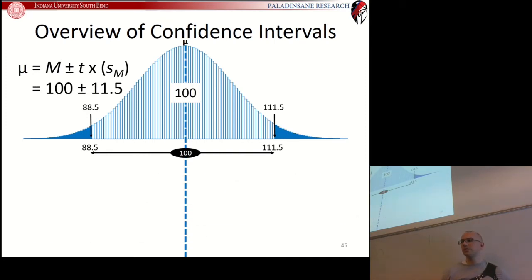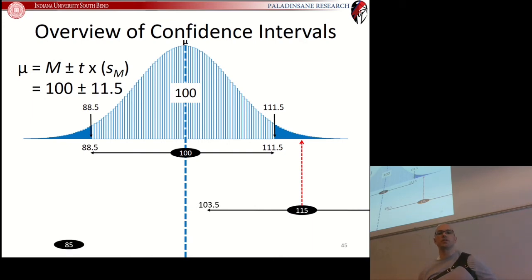Because you control the size of the tails. And it's only when that sample mean comes from the tails that you are going to miss. Your interval is going to miss that population. So if you only have 10% in your tails, you only have a 10% chance of missing that estimate. You can be 90% confident that you hit it. If you only have 1% in your tails, you only have a 1% chance of missing that estimate. You're 99% confident that you hit that estimate.